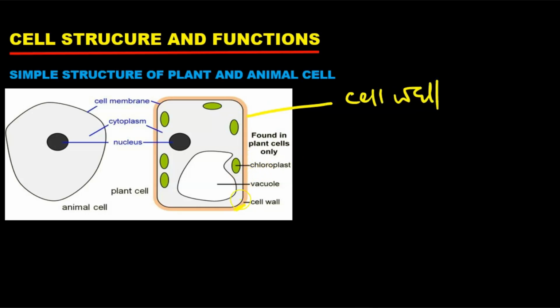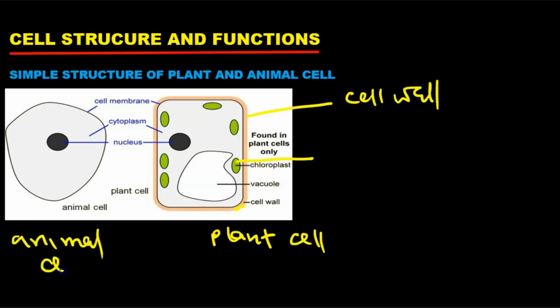Then we have the green part here. This one is a plant cell, please, and this is an animal cell. If we are to label the parts, this is the cell wall, and this is the chloroplast, as it is labeled there. Chloroplasts are in the plant cell, on this side.